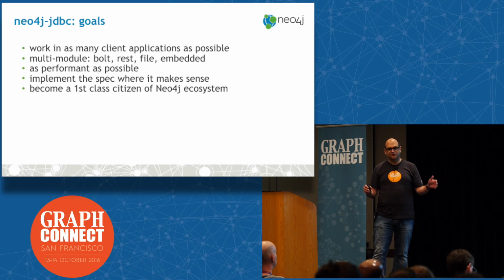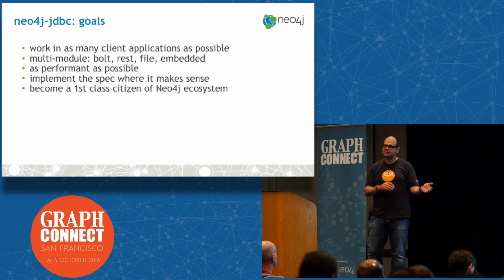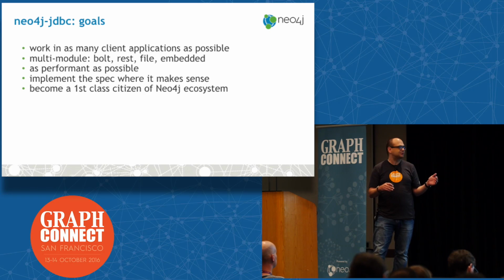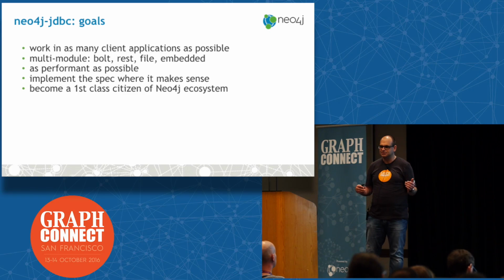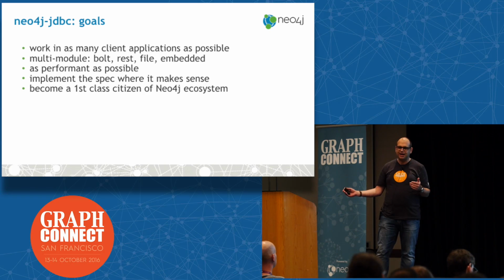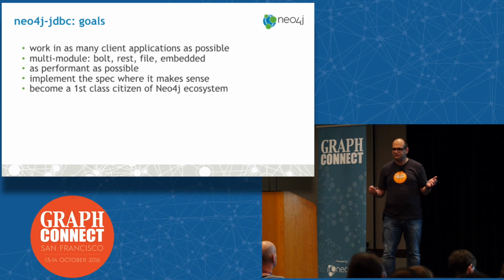Also, a graph database does not fit every piece of the JDBC specification, because that is designed with relational databases in the background. There is a lot of information about the schema which we simply don't have. I can tell for a given table which fields it has, what the type of the fields is, and if there are constraints on that. That is something the graph database simply doesn't know.